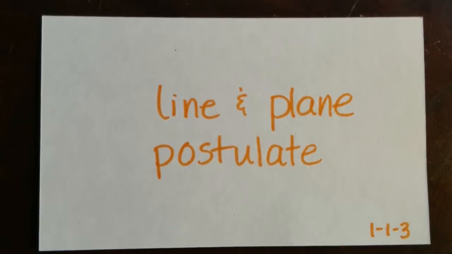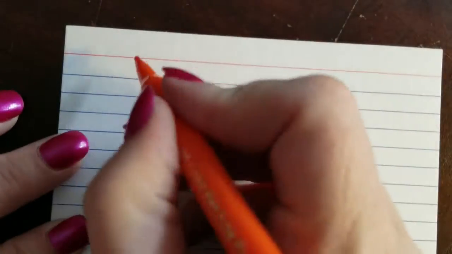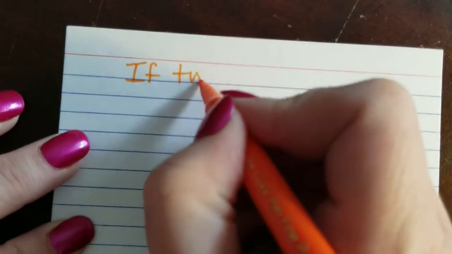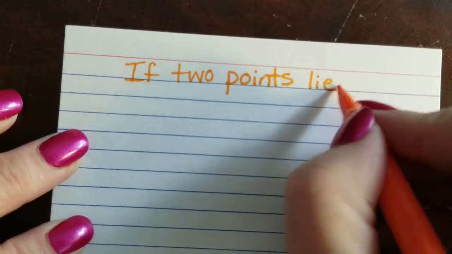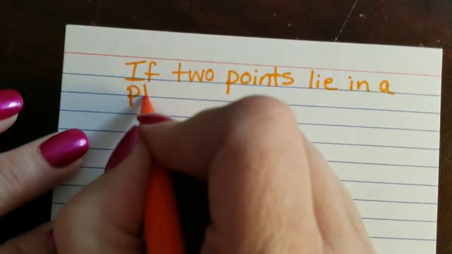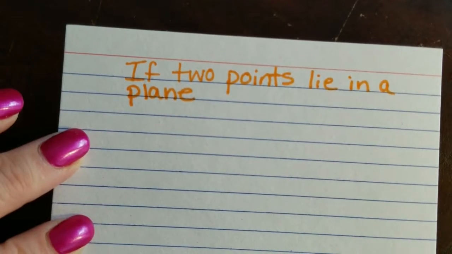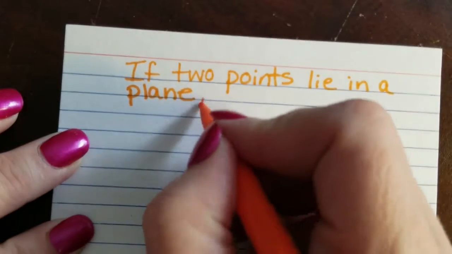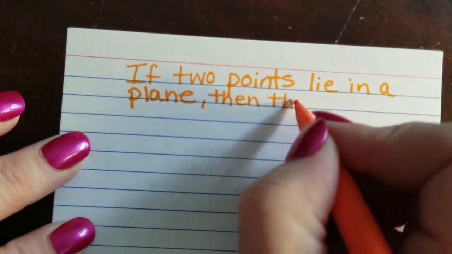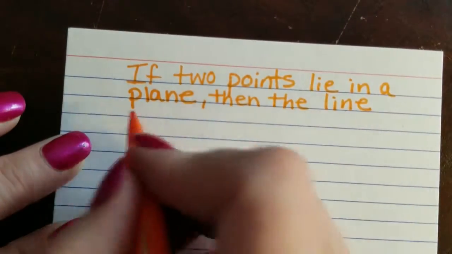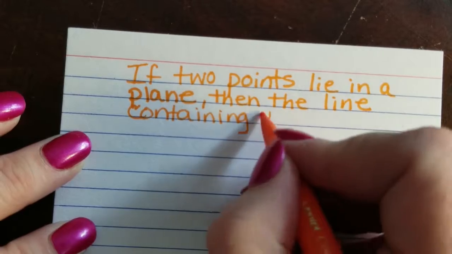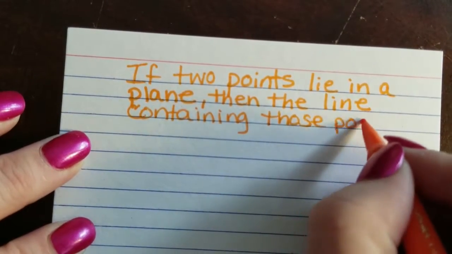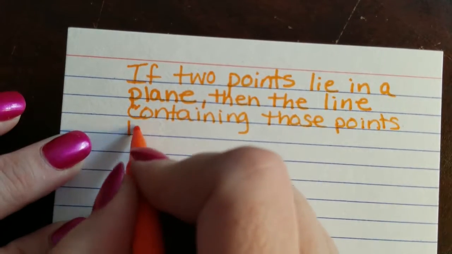And then we have a postulate about a line and a plane that states if 2 points lie in a plane, and we know from the line postulate that only one line can go through those 2 points, we're going to state that the line containing those points lies in the plane.